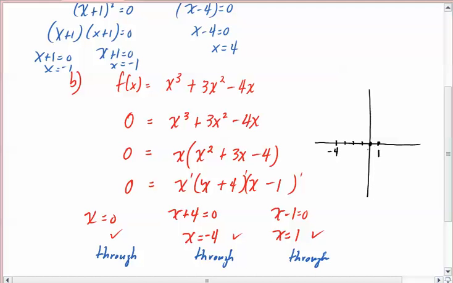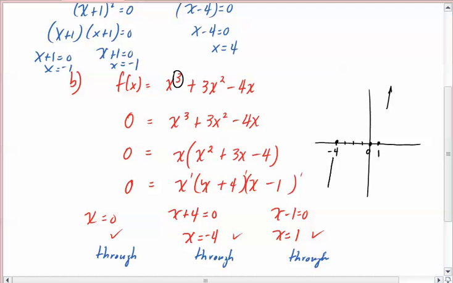So this is to the third power. It's a cubic. And I know that cubic functions make this kind of shape, right? We've had experience with cubics, so this is what's going to happen.